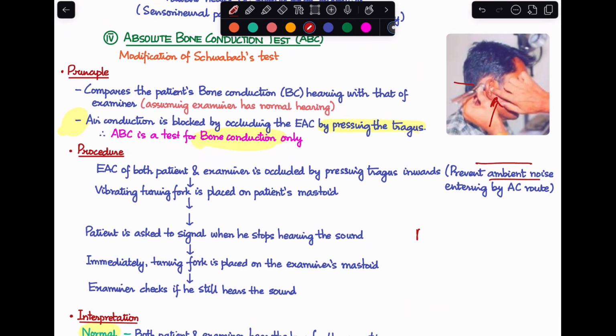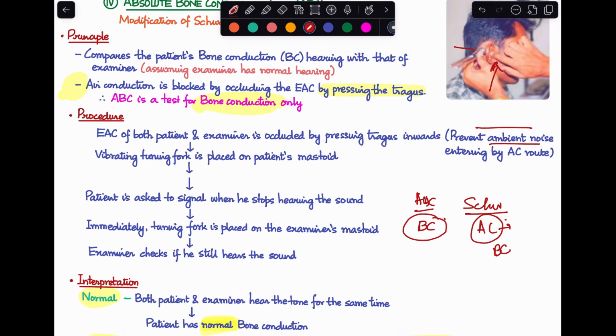The difference between absolute bone conduction test and the Schwabach test is that in Schwabach, a part of air conduction is also getting tested. There's some sound coming via the air conduction route as well, along with the bone conduction. Whereas in absolute bone conduction test, we are only testing for bone conduction by occluding the external auditory canal by pressing the tragus inwards. So, this is about these tests.